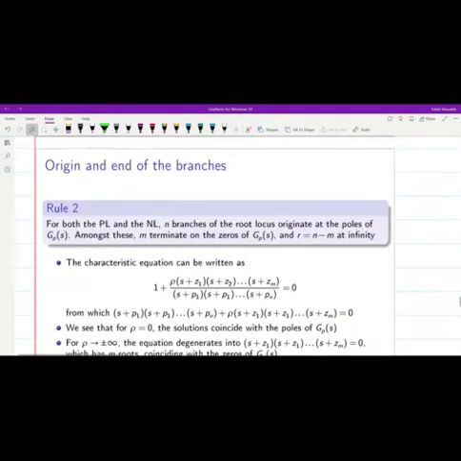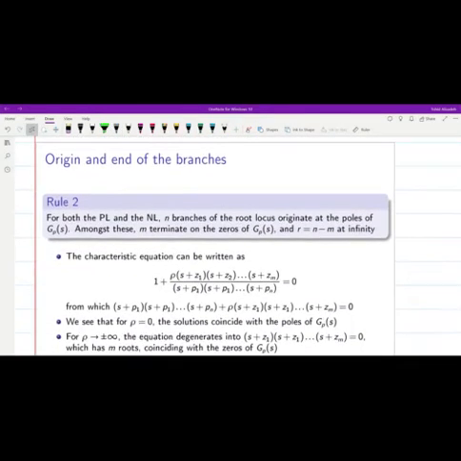The next rule is regarding the origin and end of the branches. For both positive locus and negative locus, the n branches that we have will originate at the poles of GP of s. And you should keep in mind that GP is indeed the controller GC times the process, where we have taken the gain out.